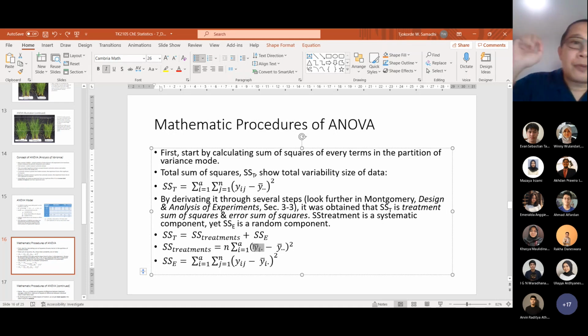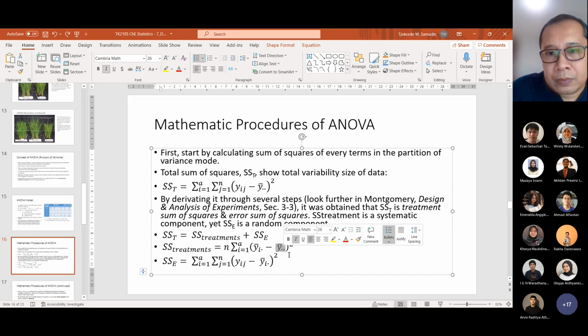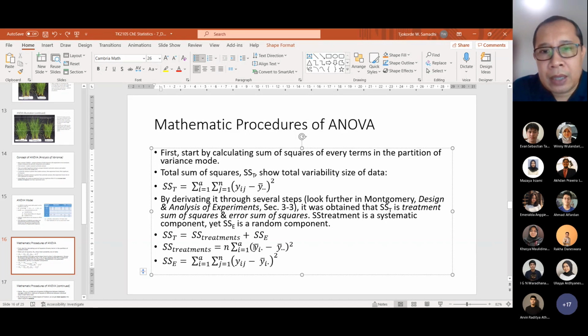One for without fertilizer, one for fertilizer A, and one for fertilizer B. We call that cell average or treatment level average, minus the global average. Okay, so we have three treatment levels, so this summation will consist of three terms, one for each treatment level.